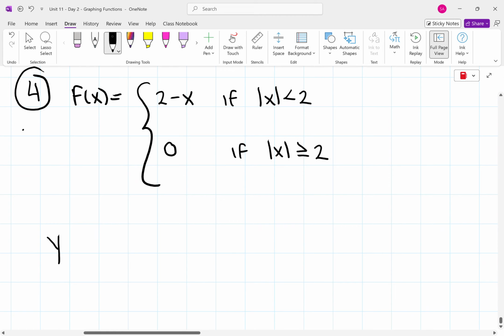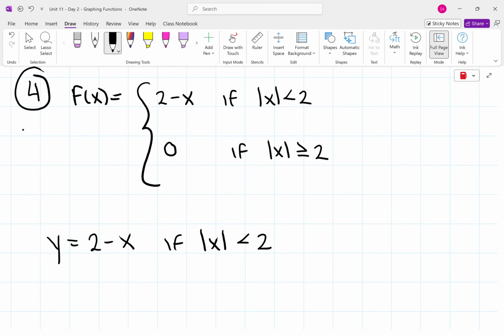I'm not going to worry about the restrictions right now. I'll worry about the restrictions in a minute. So let's just start off with our first equation, y equals 2 minus x if the absolute value of x is less than 2. We'll worry about that later.